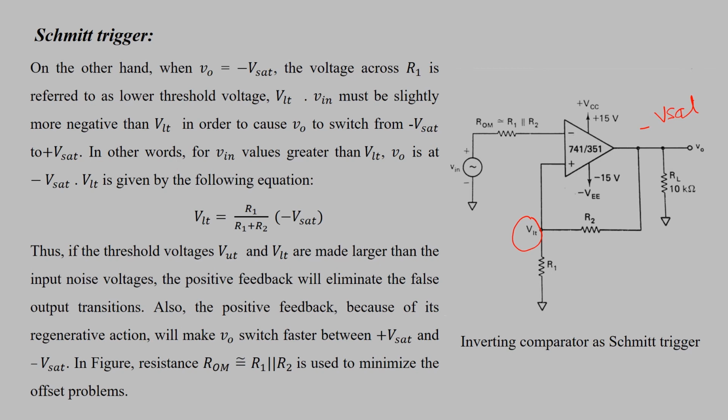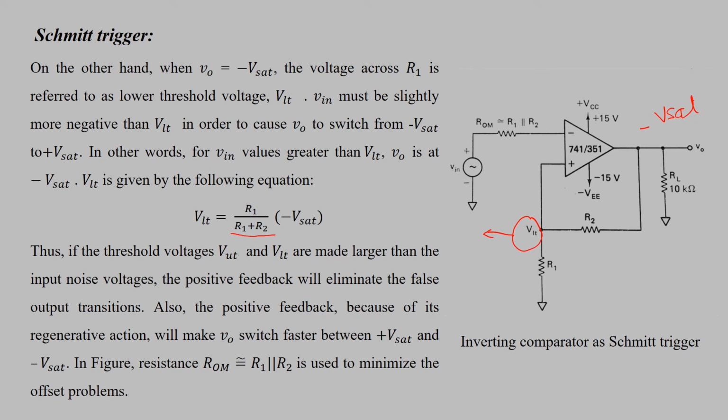In other words, for input values greater than VLT, V0 is at minus Vsat. So this VLT can be given as R1 over R1 plus R2 into minus Vsat.